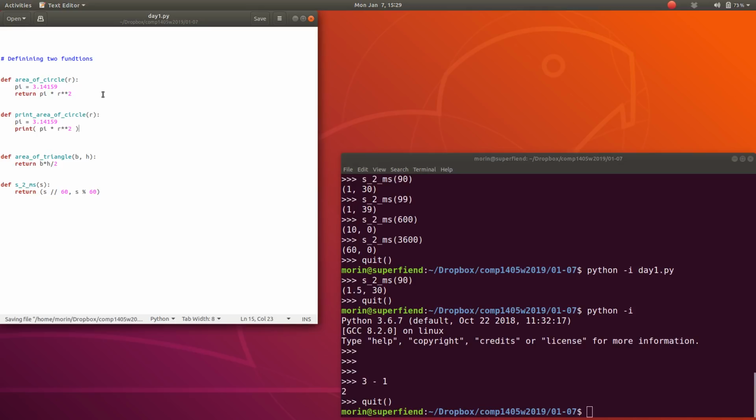And this is one that trips up many people. It's in fact one of the reasons we have assignment 1. I want this out of the way by the end of this week, the difference between print and return. So let's test it out.